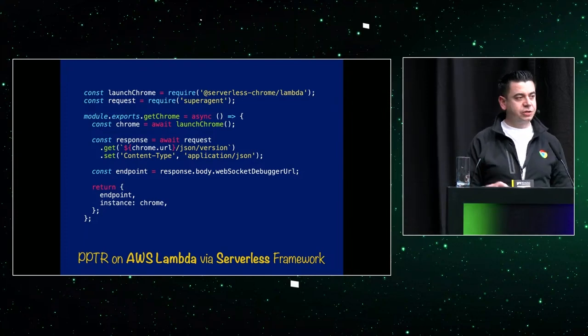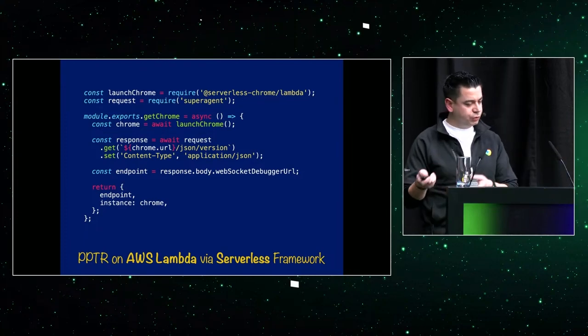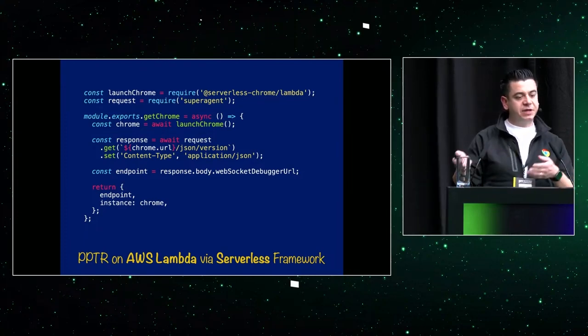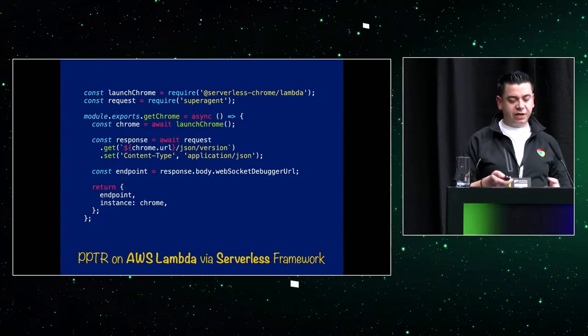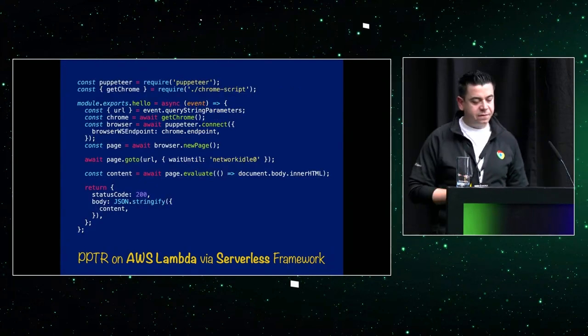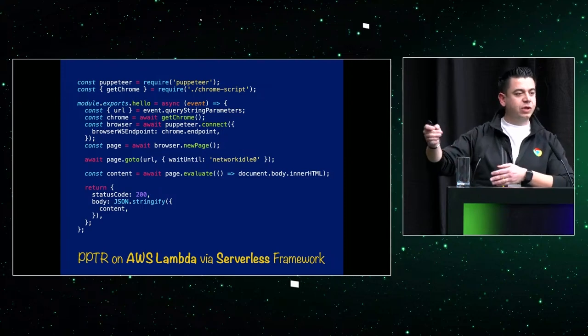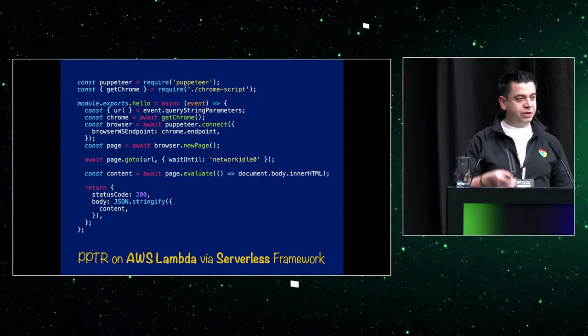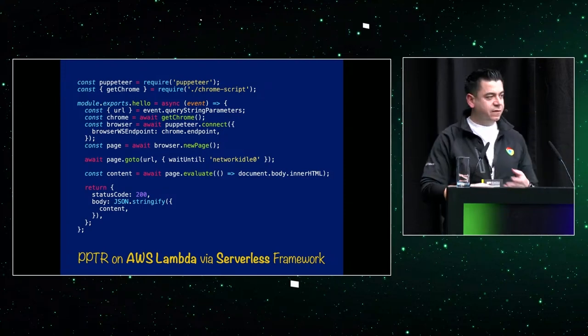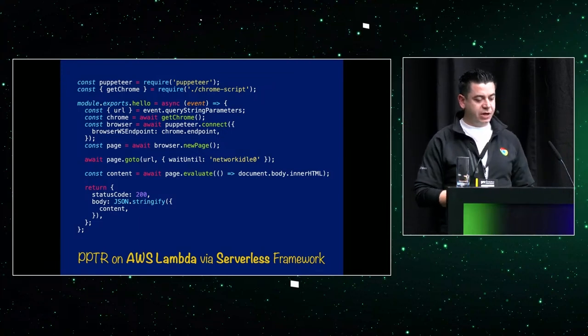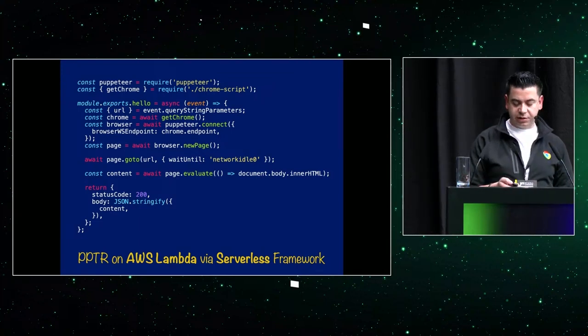So you launch the Chrome in a remote instance, and then you interact with the API to get the WebSocket debugger URL. And finally, you use puppeteer.connect to connect to that remotely launched instance with your Puppeteer. You execute your Puppeteer script, and finally respond with your API or with your function response.